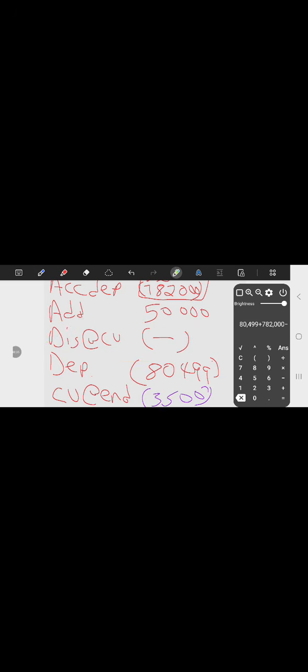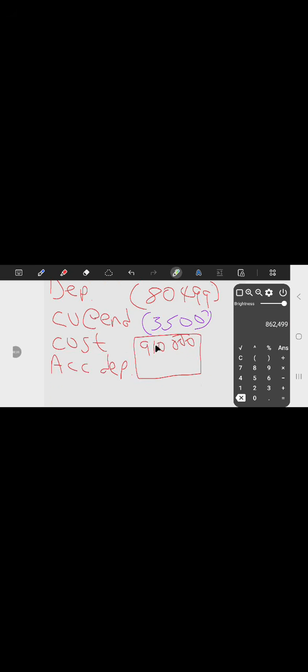We didn't dispose anything, minus 0, is equal to this. Then this is your accumulated depreciation at the end of your financial period.